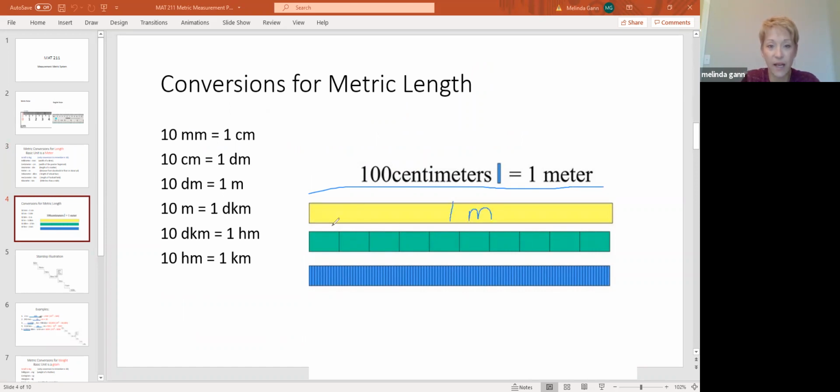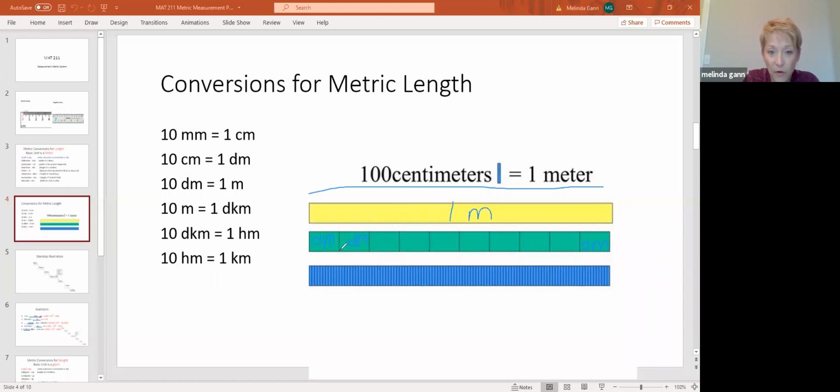Now, do you see that if I cut this into 10 little pieces, each of these, remember what's a little smaller than a meter, is a decimeter. So I'd have a decimeter here, and I'd have a decimeter here. So all of these would be decimeters. All right. So you see there'd be 1, 2, 3, 4, 5, 6, 7, 8, 9, 10 of these.